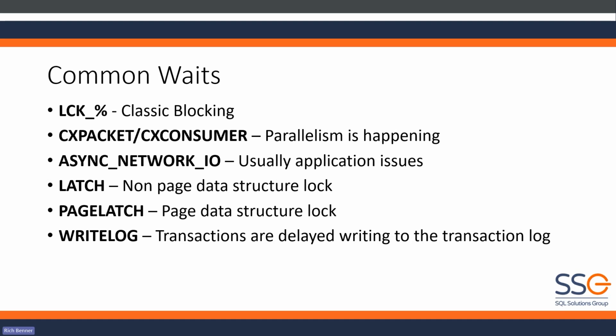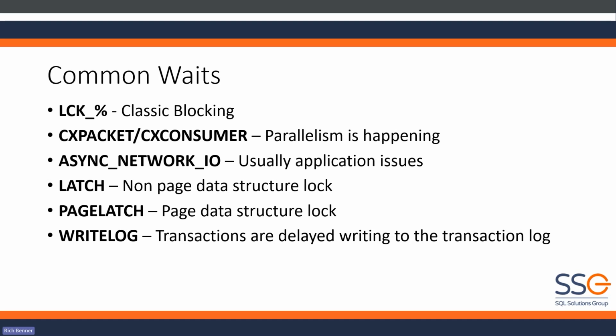CX waits, CXPACKET, CXCONSUMER. All this means is that parallelism is happening in your server. You have parallelism settings: your cost threshold for parallelism, which is how big a query needs to be, and then how parallel it can go, your maximum degree of parallelism. Let's say a large query has a max DOP of 4.